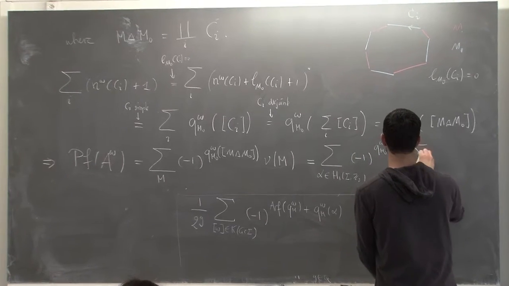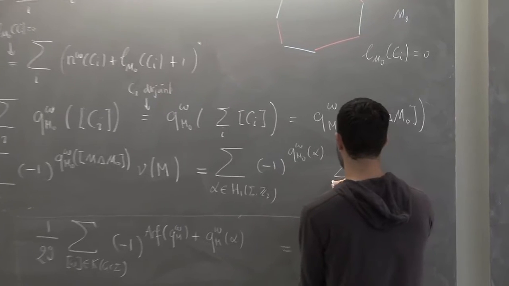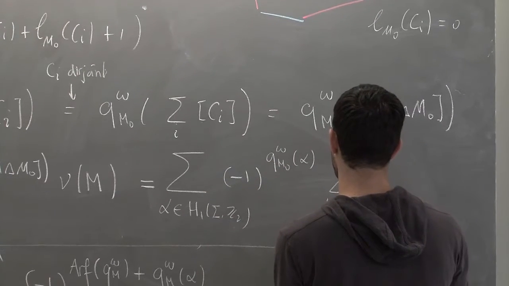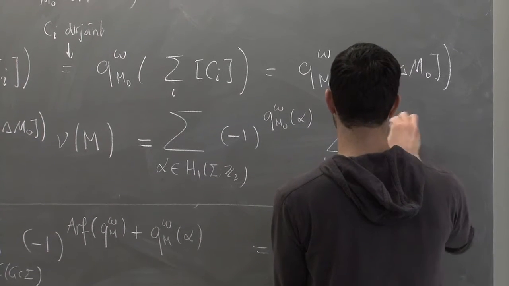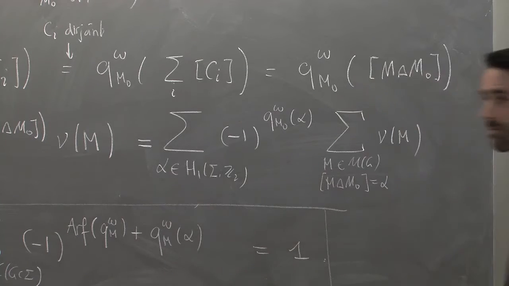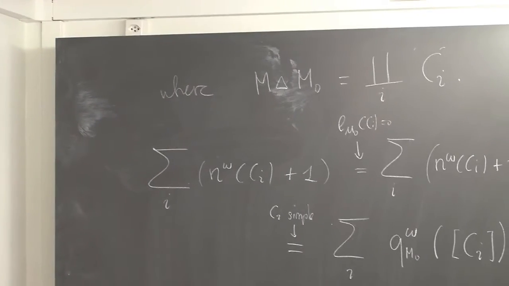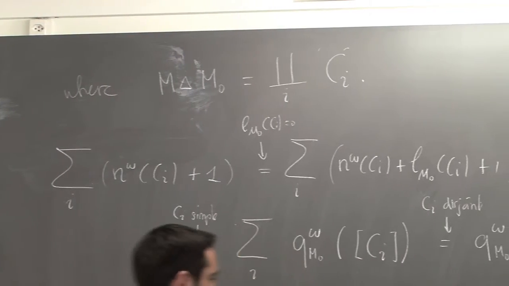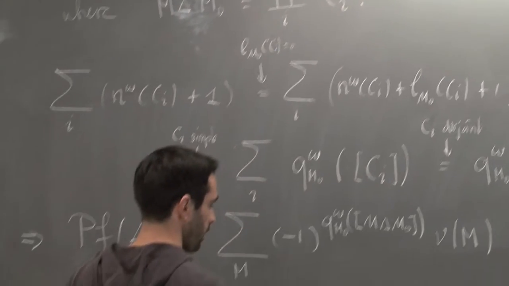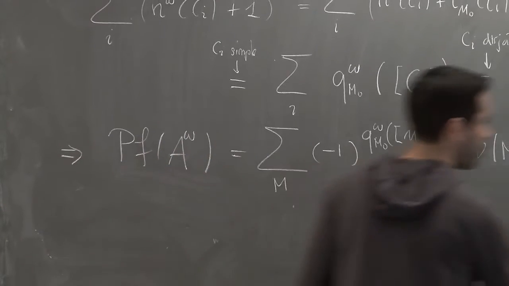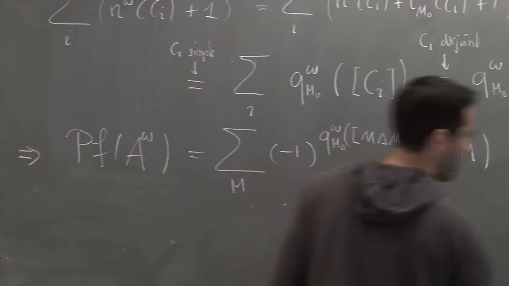And then I group together all the dimer configurations that give the same homology class, this fixed homology class alpha. Unfortunately, I just have to erase this, but you're going to use it in one line.